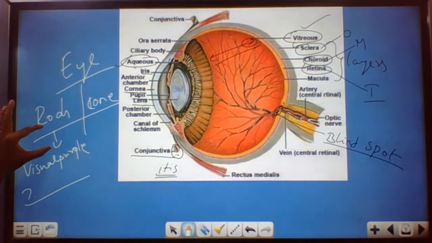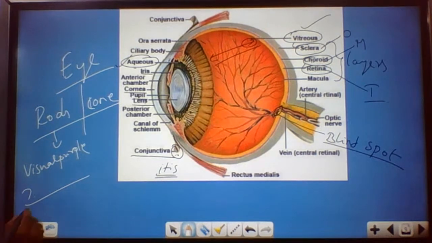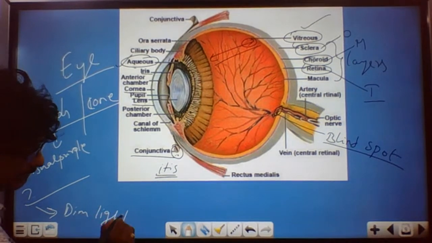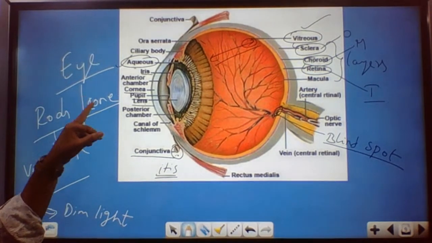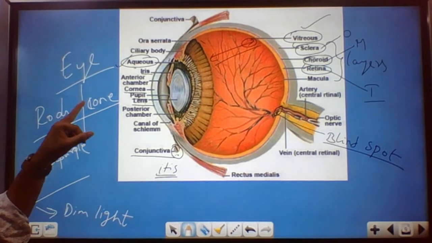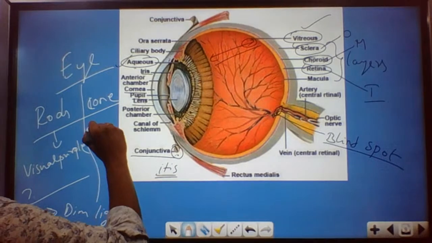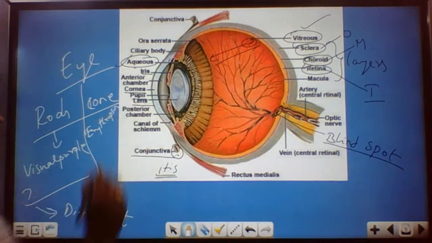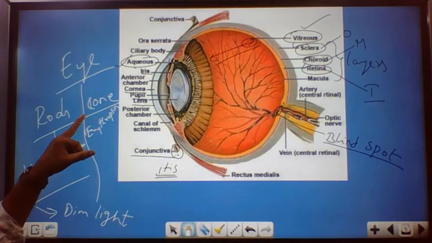This visual purple pigment is responsible for your dim light perception. This gives the perception for dim light, so you can identify objects even in dim light. As far as cone cells are concerned, they produce a pigment called erythropsin.